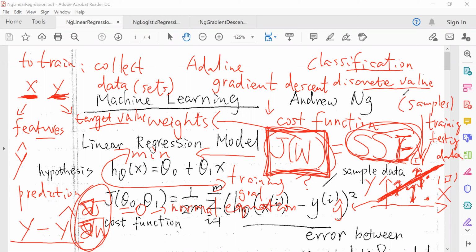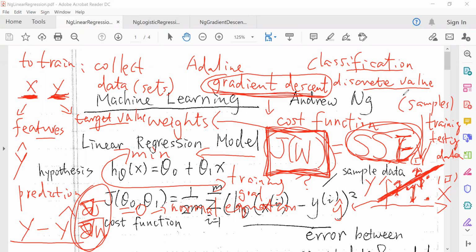Okay, but there are a lot of issues with that, regarding large data sets. Sometimes it's unsolvable maybe. So that's why we introduce the concept of gradient descent.